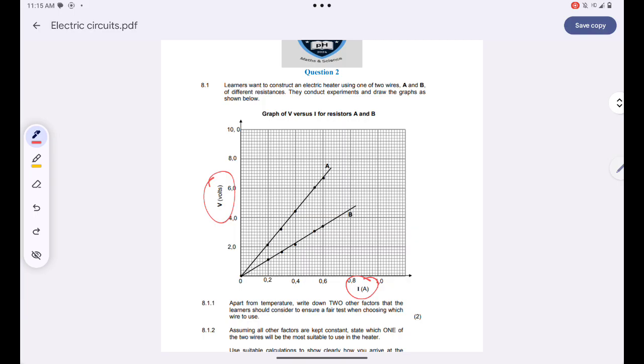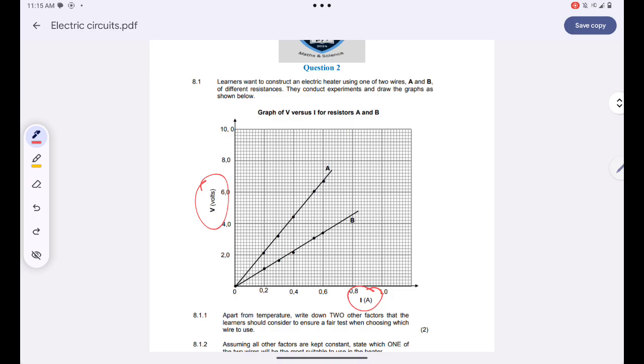The gradient between the two will give me resistance, because change in y over change in x is the gradient. My change in y is voltage, the change in x is current, so voltage divided by current will forever give me resistance.